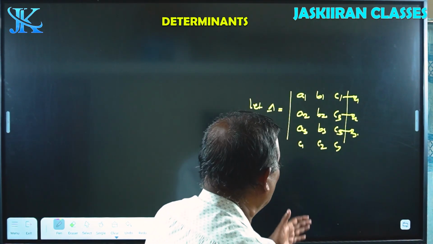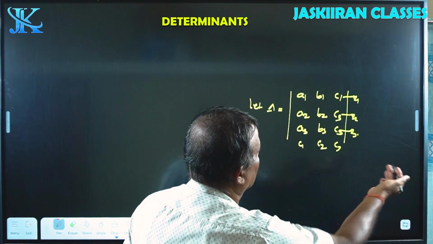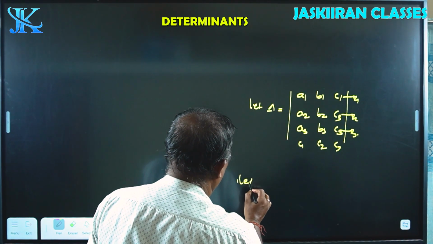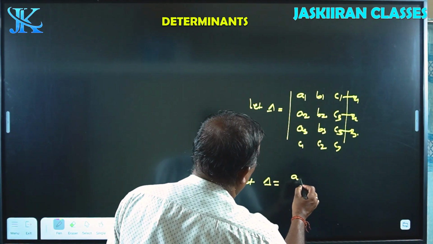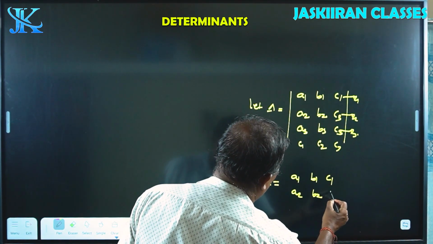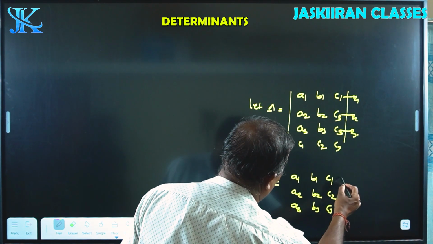So now we have to write column 1 and column 2 on the right hand side. Here, delta is equal to A1, B1, C1, A2, B2, C2, A3, B3, C3.